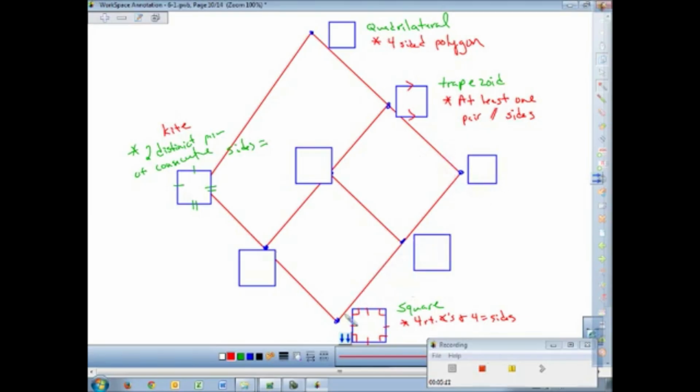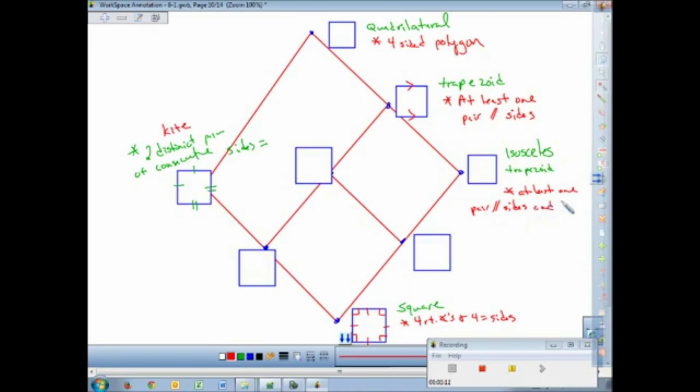Well, directly to the right of that is another type of trapezoid. He's the isosceles trapezoid. Remember, you can't abbreviate the name of the shape here, so it's isosceles trapezoid. Got to be spelled correctly also. He's the hardest one to spell. His definition is so easy. It's the same definition for trapezoid all over again. It's got at least 1 pair of parallel sides, but it's also got base angles equal.